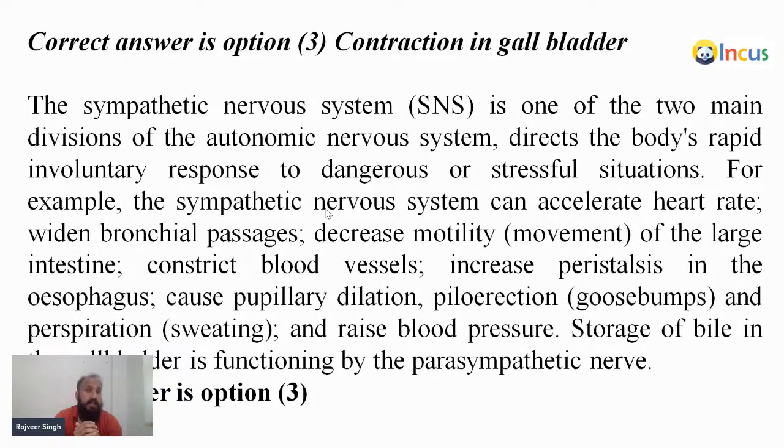For example, it can accelerate heart rate, widen bronchial passages, decrease motility movements of the large intestines, constrict blood vessels, increase peristalsis in the esophagus, cause pupillary dilation, piloerection, goosebumps, perspiration, sweating, and raise blood pressure. Storage of bile in the gallbladder is functioning by the parasympathetic nerve. So answer will be third.